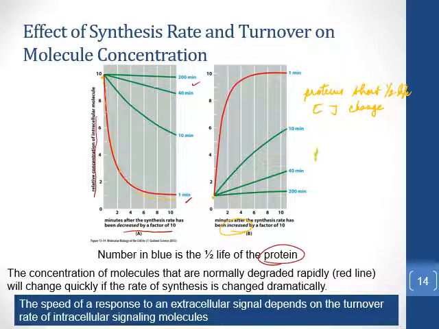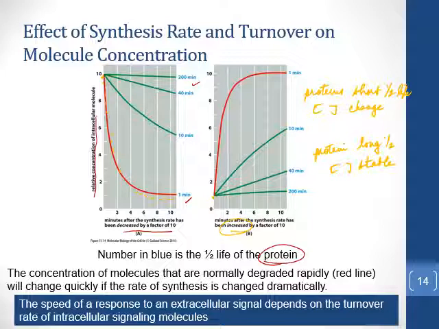But if you've got a protein with a long half-life, the concentration is pretty stable. So what matters in these signaling pathways, in terms of the effect in the cell, is not only whether or not you have the signaling molecule, but also how stable the intracellular messengers are.